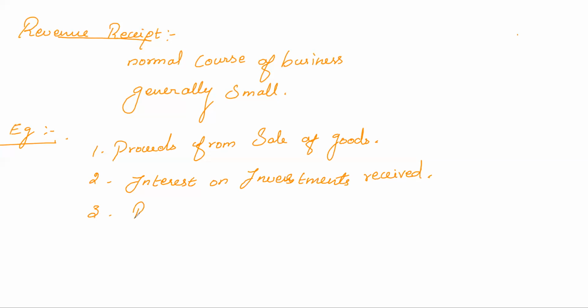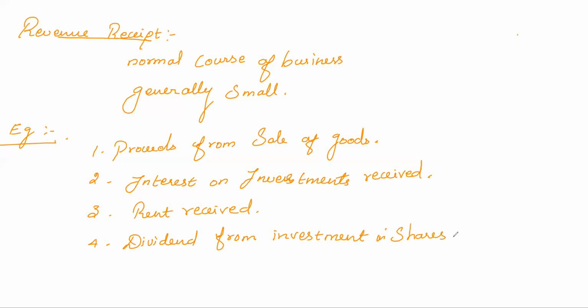Then third one, rent received. Then fourth one, dividend from investment in shares. Okay, that's all. So all of these come under revenue receipt, and the examples are given. Okay, that's all. Next, see illustration 1.